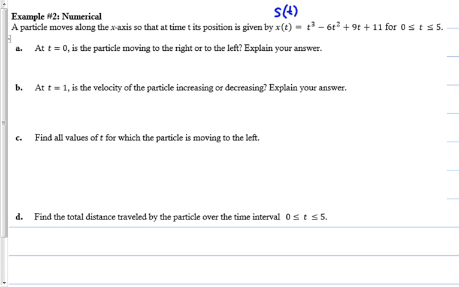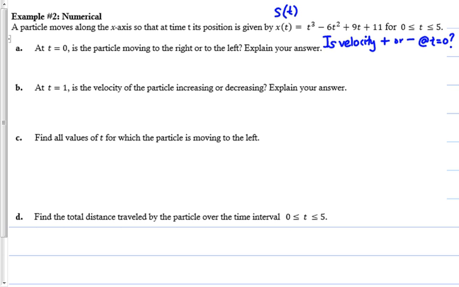Okay, so part A. At t equals 0, is the particle moving to the right or to the left? Explain your answer. Okay, so in order to figure out if the particle is moving to the right or to the left, basically what you're asking is velocity positive or negative at this t equals 0?